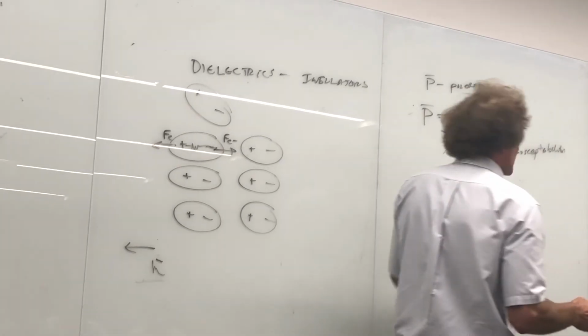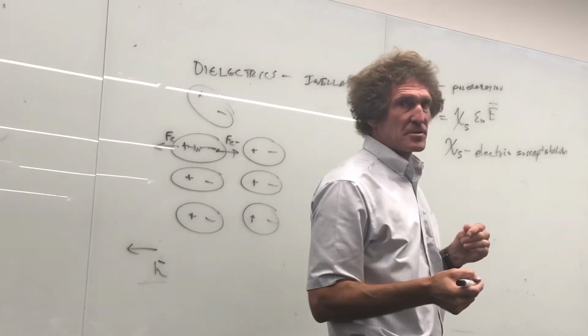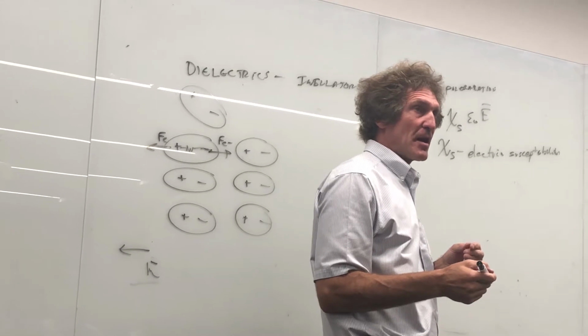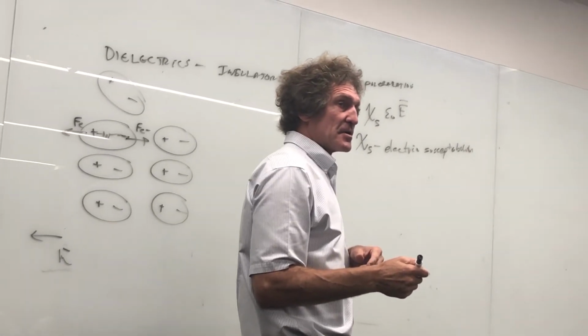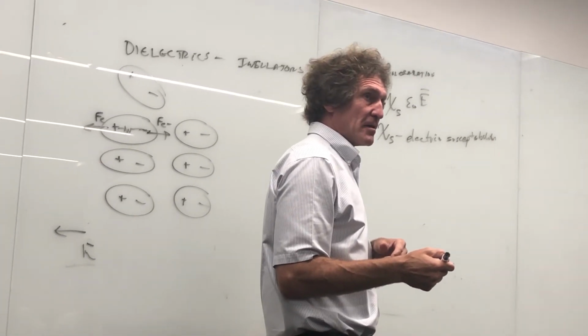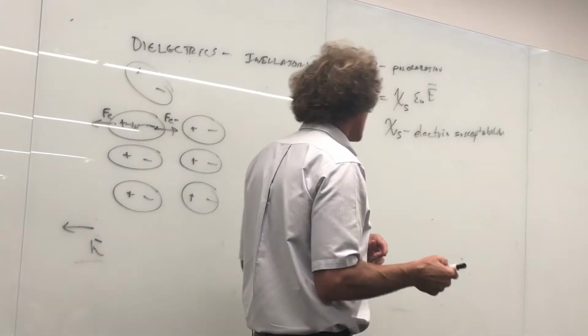We don't use this much. It's just a figure of merit of how much polarization is going to be impacting the D field, and you'll see this in a second.